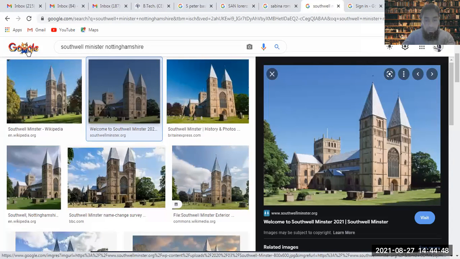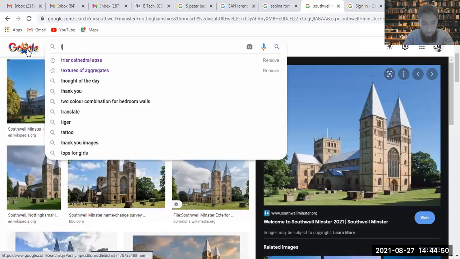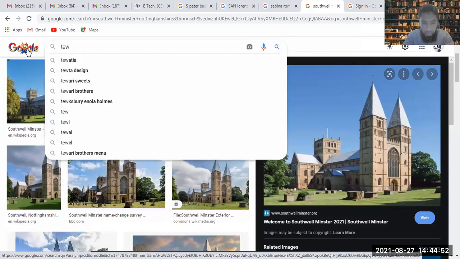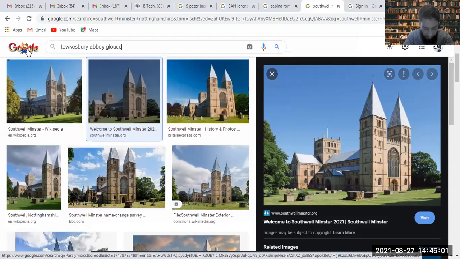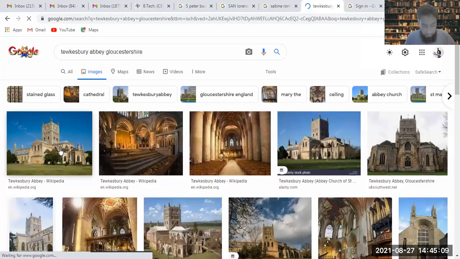Then you have the Tewkesbury Abbey. And this is in Gloucestershire. This one, again the wall design.